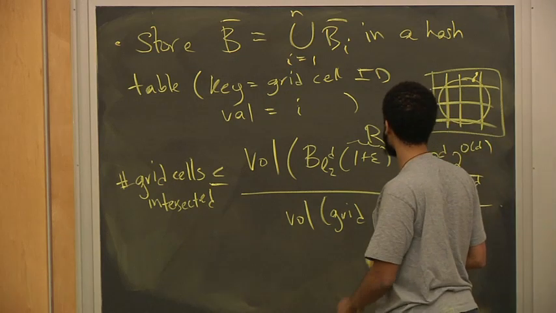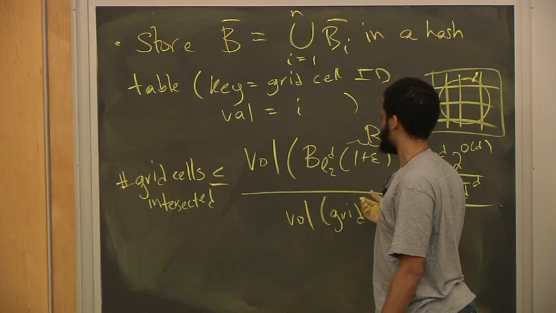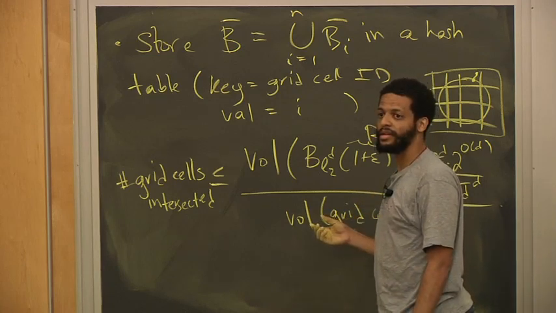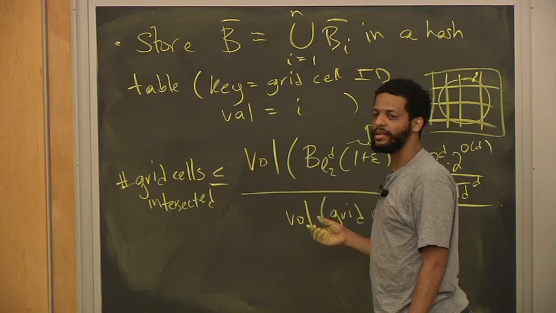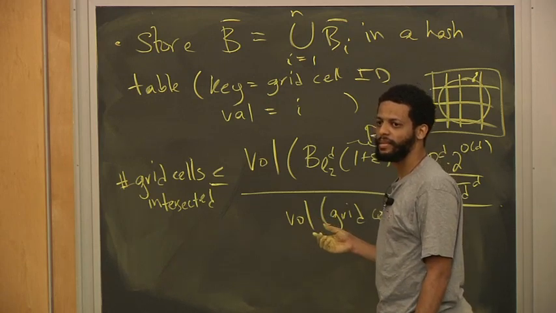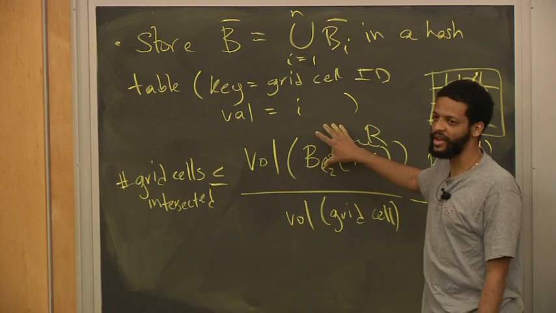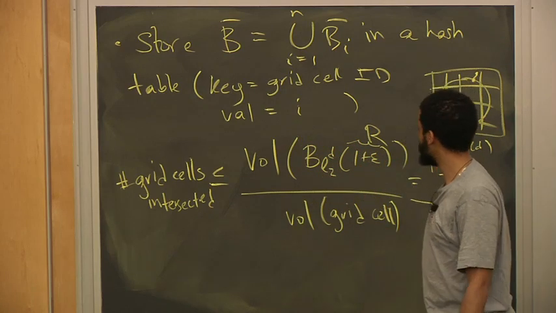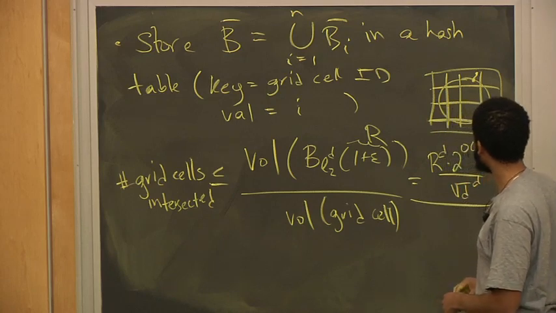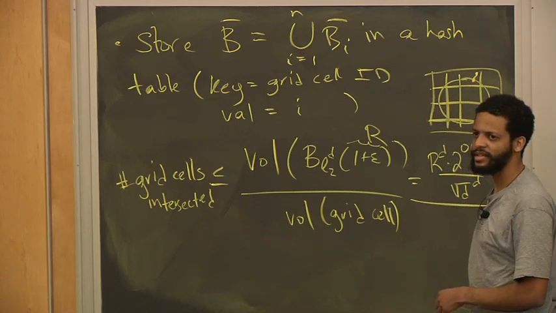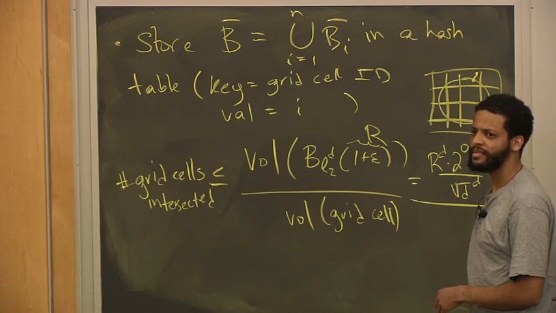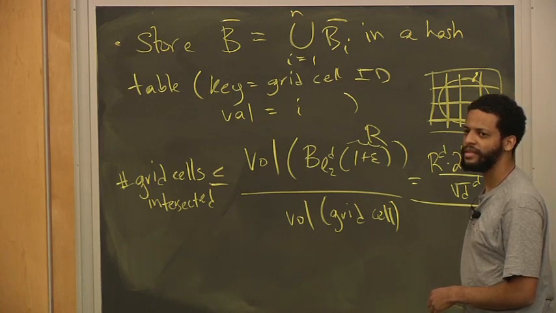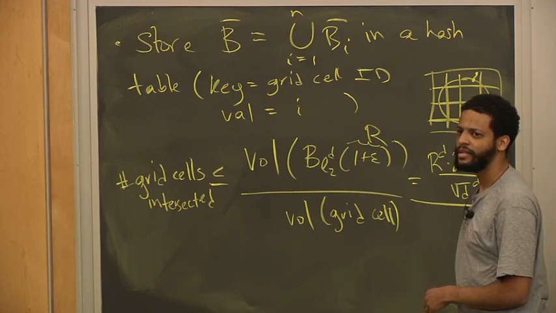I just want to say that what I want in the numerator is some shape that actually contains the grid cells. Oh, I see. Wait, sorry, say it again. It's how many grid cells can it intersect.